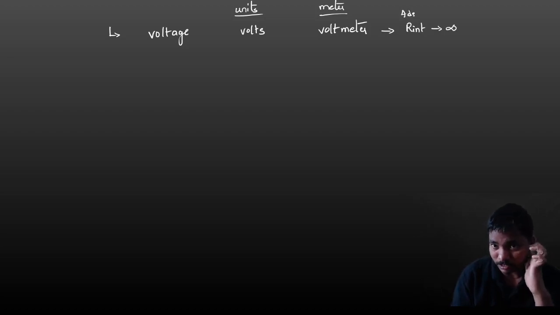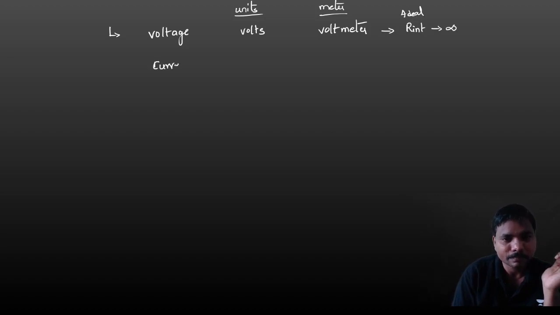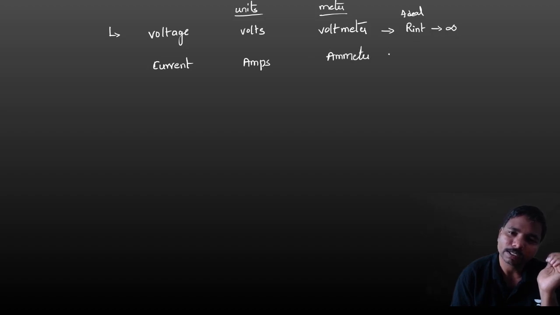Very important, the ammeter. For current, the units are amps, and the meter is the ammeter. Ammeter internal resistance is very low, almost 0.